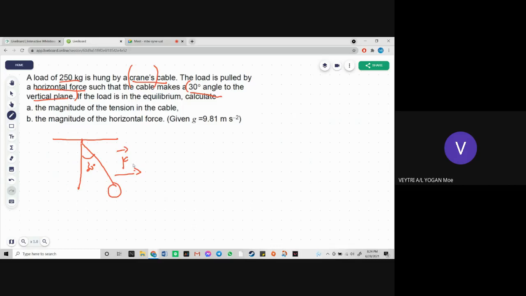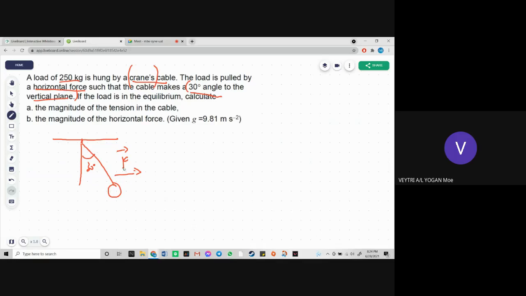And right now it's making a 30-degree angle towards the vertical plane. Jadi, secara logik, crane tu memberi external force untuk that load to make a 30-degree angle. Sebab kalau crane tu tak bergerak, confirm bola tu akan dekat sini je kan? Takkan ada angle. Tapi sekarang ada angle, which means there's an external force exerted by the crane so that the load can make a 30-degree angle to the vertical plane.